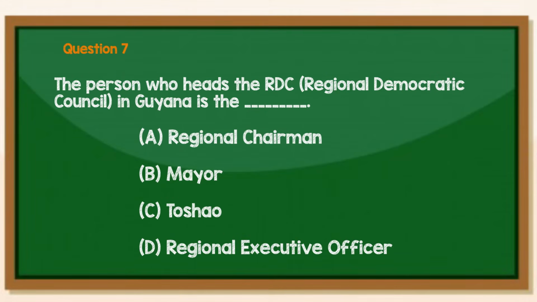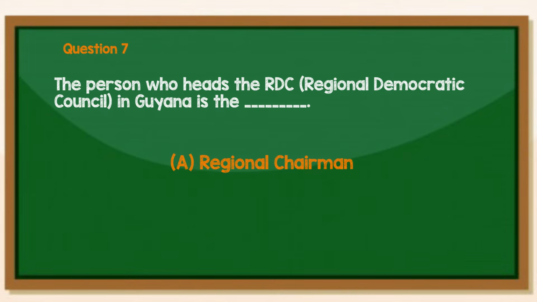Number 7. The person who heads the RDC, Regional Democratic Council in Guyana, is the A. Regional Chairman, B. Mayor, C. Tushao, or D. Regional Executive Officer. The answer to question 7 is A. Regional Chairman.